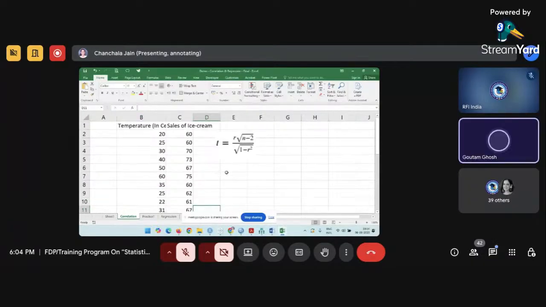Firstly, we will use the function to perform correlation.